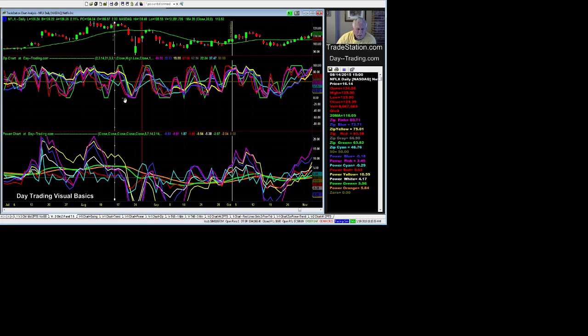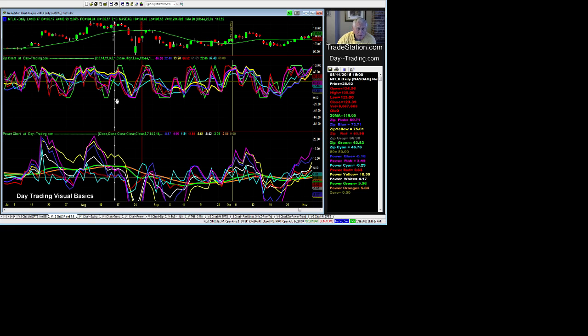But in this case right here, the next day we got a zip Cyan lowest. We know the rules of zip Cyan lowest means that it's a reversal, it's going to go up. And if we look at the candle the next day, it's a nice green candle. However, we've got a divergent situation in that zip Cyan went down instead of up, like it normally does when it's lowest.